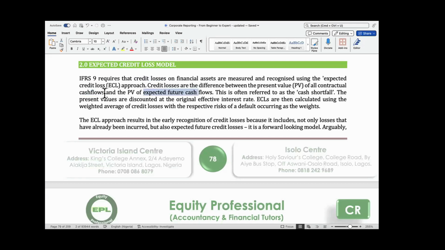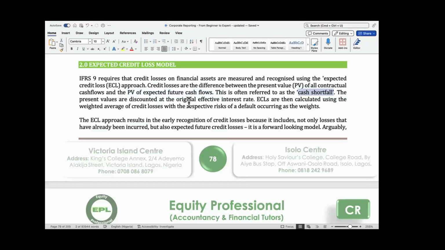Your contractual cash flow is what you should get based on the contract. So if what you should get is, let's say, 50,000, but because of several events, what you might get is, let's say, 40,000, that means the credit loss, which they also call cash shortfall, is 10,000. Okay, that's credit loss.